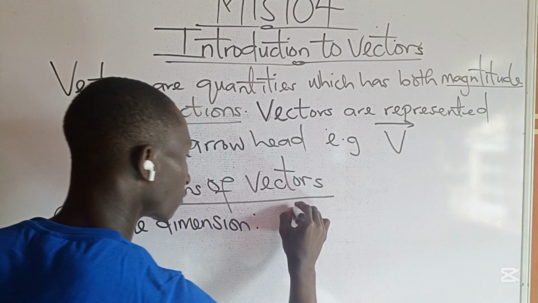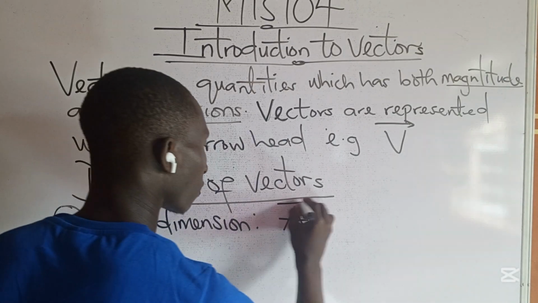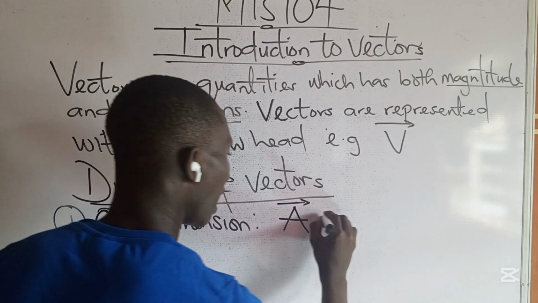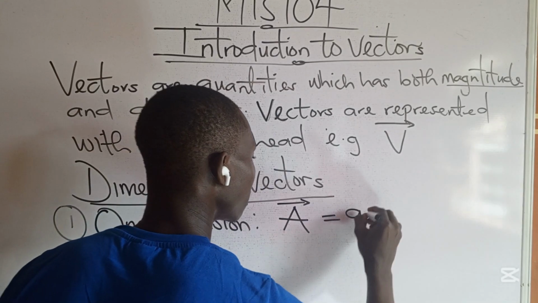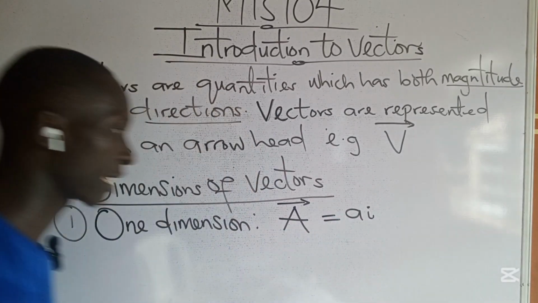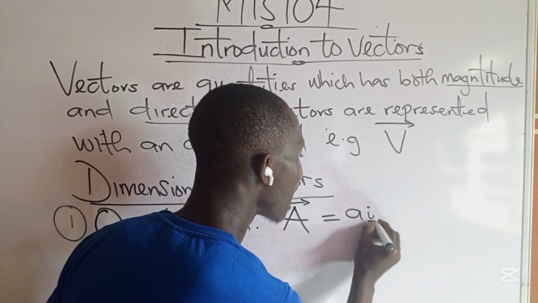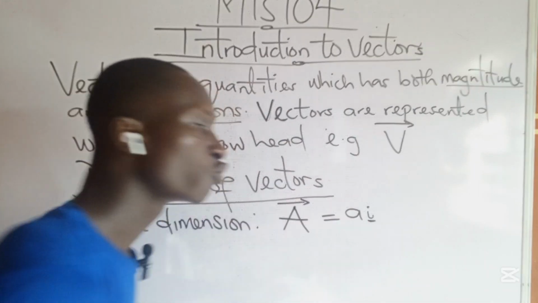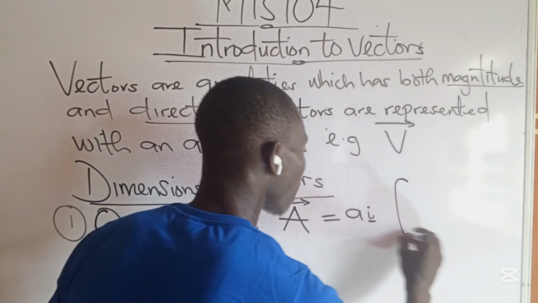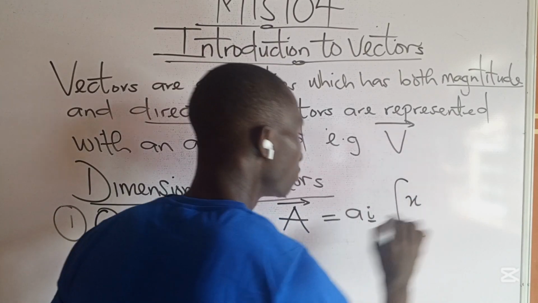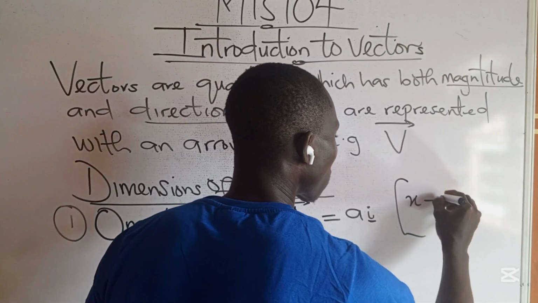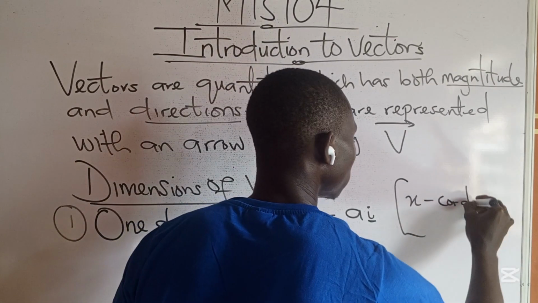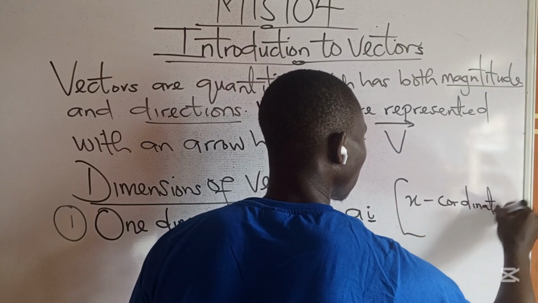It is written this way: vector A, for instance, and we can use the symbol I. So this symbol I shows that it moves with respect to the x coordinate on the Cartesian plane.